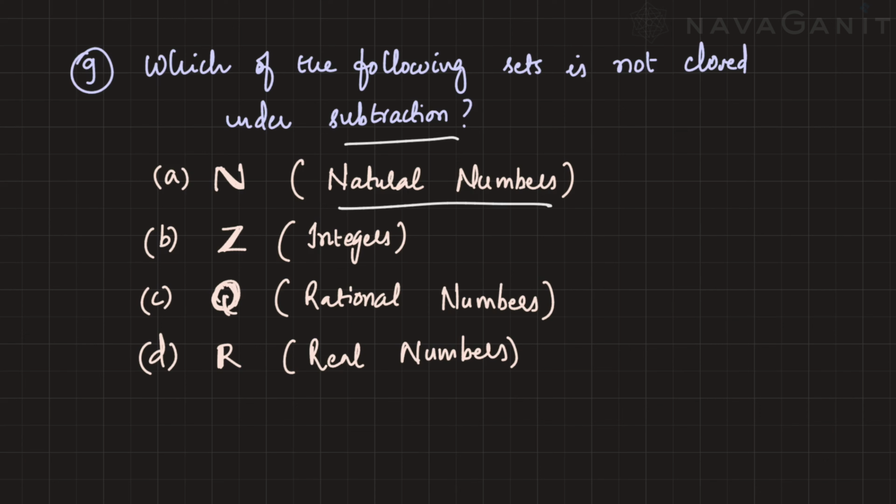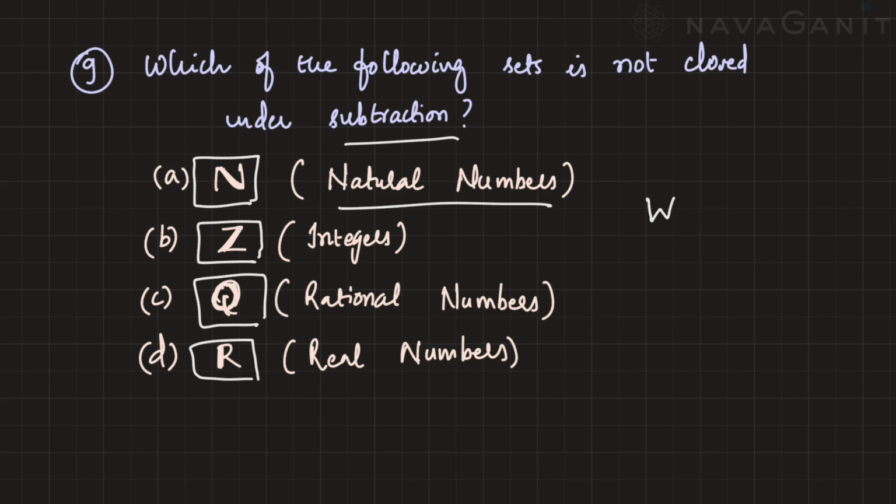The set of natural numbers is represented by N, the set of integers is represented by Z, the set of rational numbers is represented by Q, and the set of real numbers is represented by R. Similarly, the set of whole numbers is represented by W. Now the question is, of these 4 sets, which of them is not closed under subtraction?